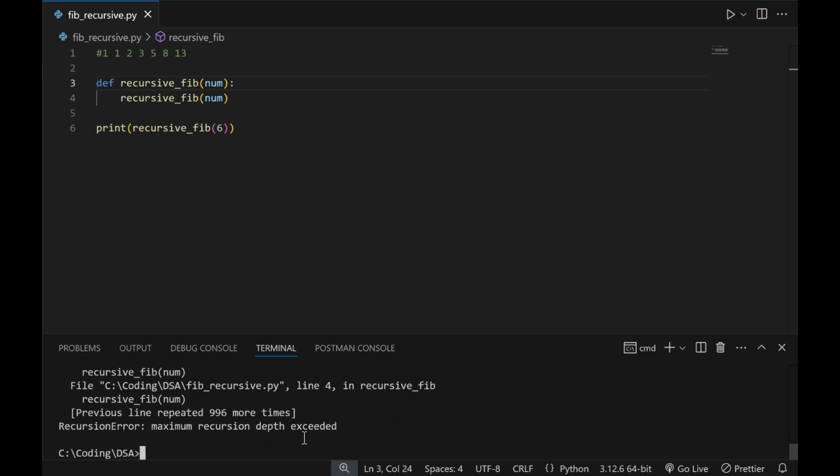What that basically means is that the function called itself, which calls itself over and over and over again ad infinitum, forever. Well, the computer is not infinite, so the computer is like, listen, I can't do any more. We're in an infinite loop. I'm just going to stop, and you need to go fix this. So one of the problems with recursive functions is that we could enter into an infinite loop where the function just calls itself forever.